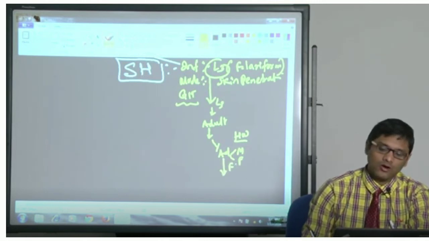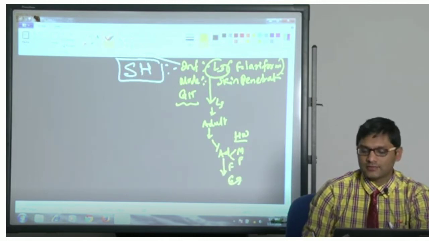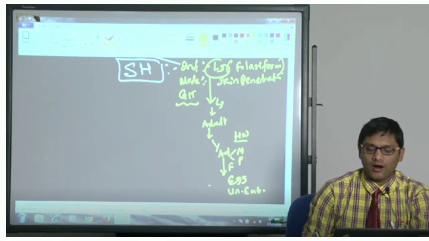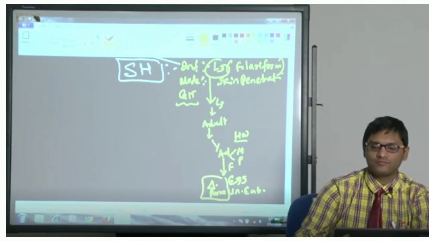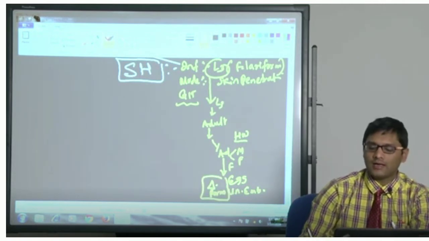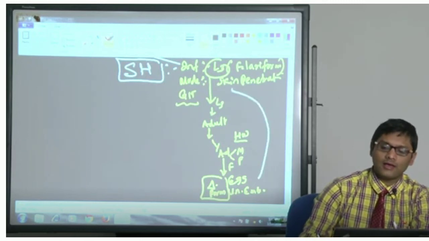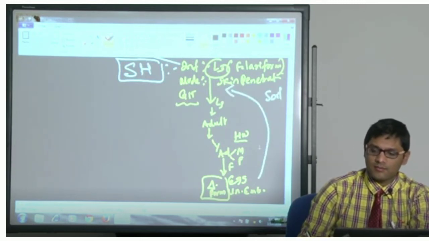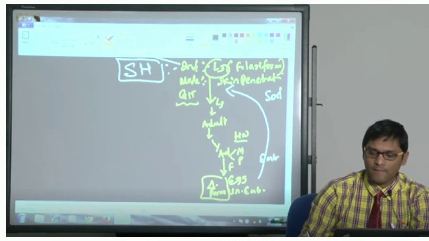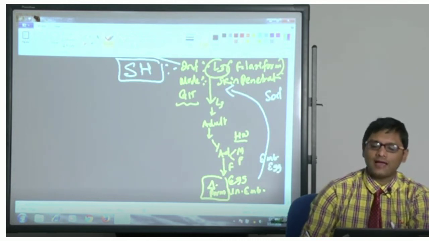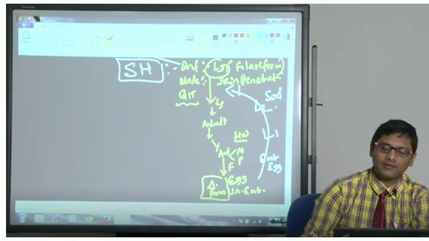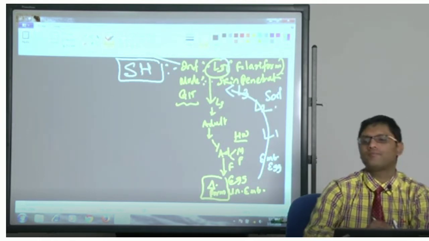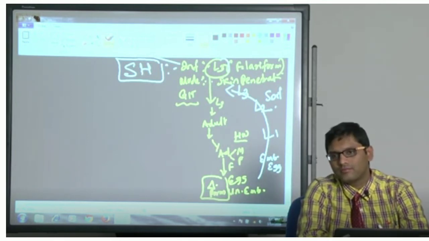They undergo cross fertilization to produce eggs. Eggs are initially unembryonated, and the unembryonated eggs are the diagnostic form for hookworm. This unembryonated egg in the environment will become an embryonated egg. The embryonated egg will hatch out to form L1, which will become L2 and finally L3, and L3 is the what? Infective form.